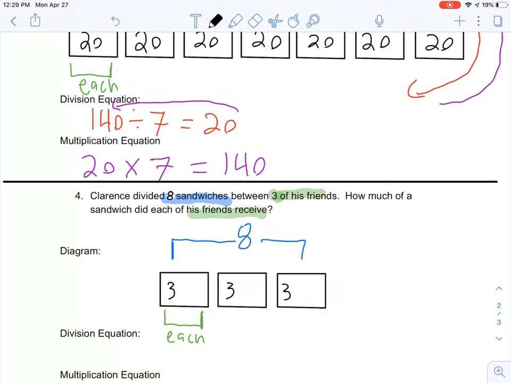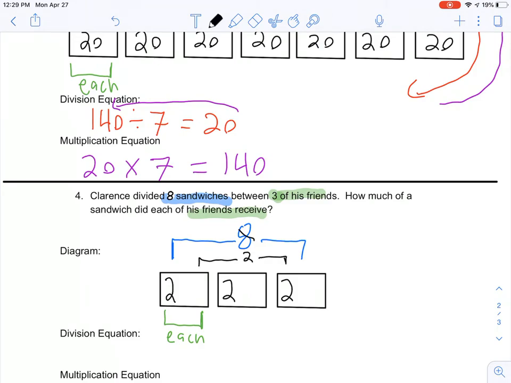That's too much. So we know the number must be between 2 and 3. So let's go ahead and leave our 2's there: 2 sandwiches, 4 sandwiches, 6 sandwiches. And now we have 2 left to divide between the 3.